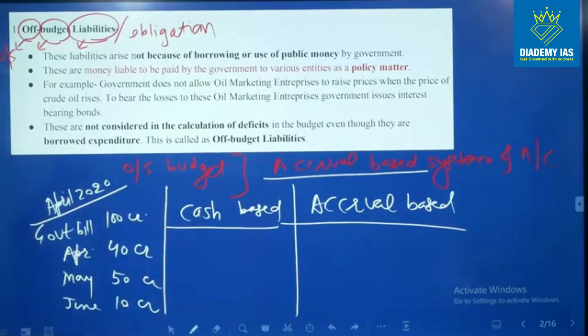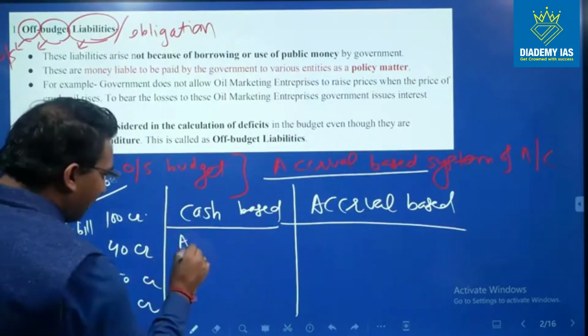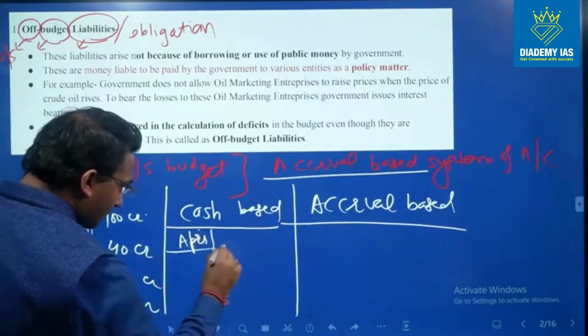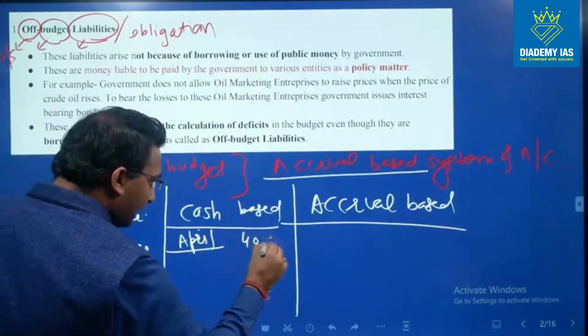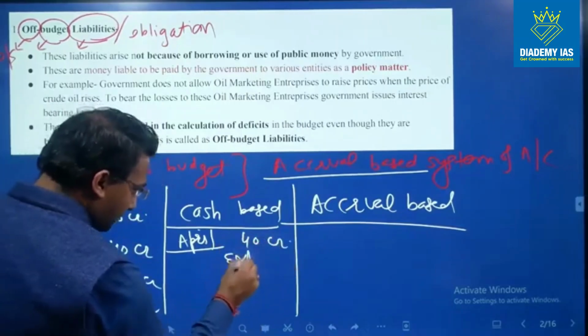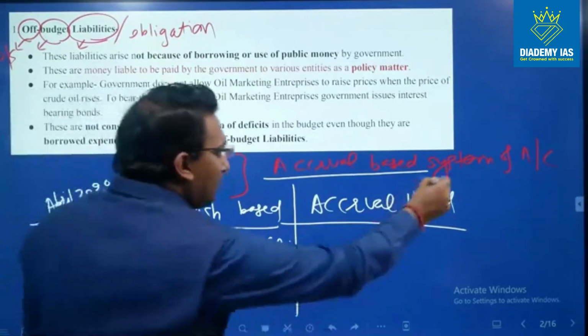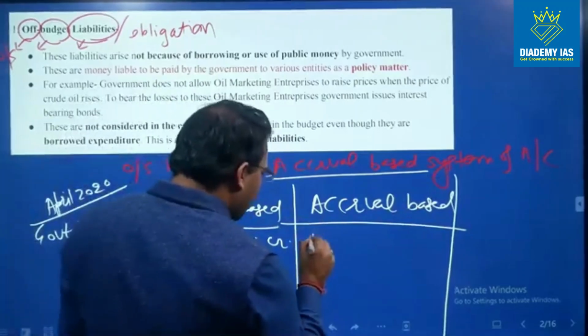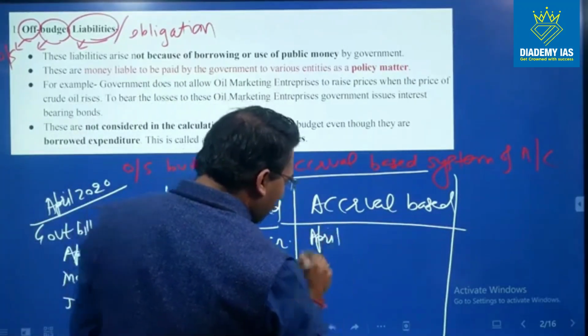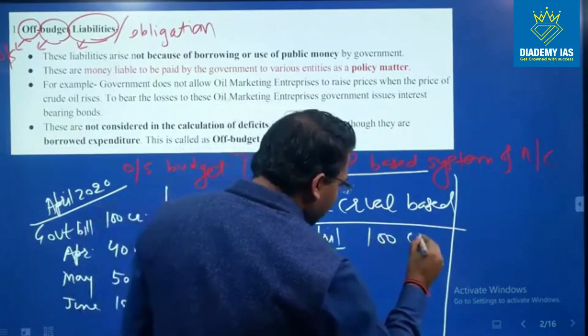As per the cash based accounting, in the month of April 40 crore rupees will be booked as an expenditure, and as per the accrual based accounting, the total 100 crore rupees will be booked in the month of April only.